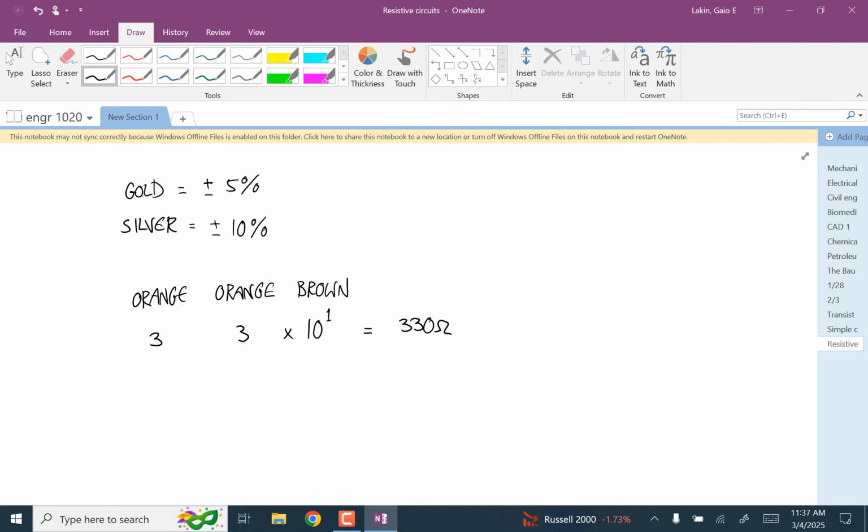And let's see. The other ones we have are, I think, a 1,000 and a 10,000. So like, the 10,000 is brown, black, orange.